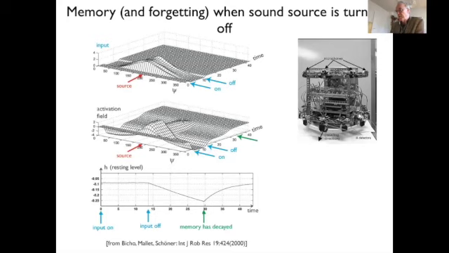In the robotic context, it doesn't make sense to memorize a sound source for a long time, because as you drive around, the heading direction in which that sound source was first detected changes. You move relative to that source. So it doesn't make sense to keep the direction in memory for too long.